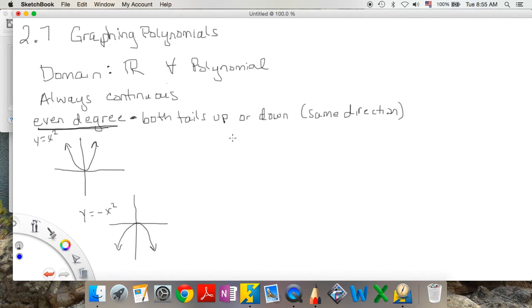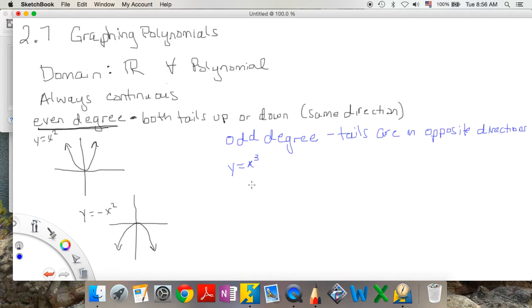Now, what happens if you have an odd degree? An odd degree polynomial, your tails are opposite. So, for example, y equals x cubed.